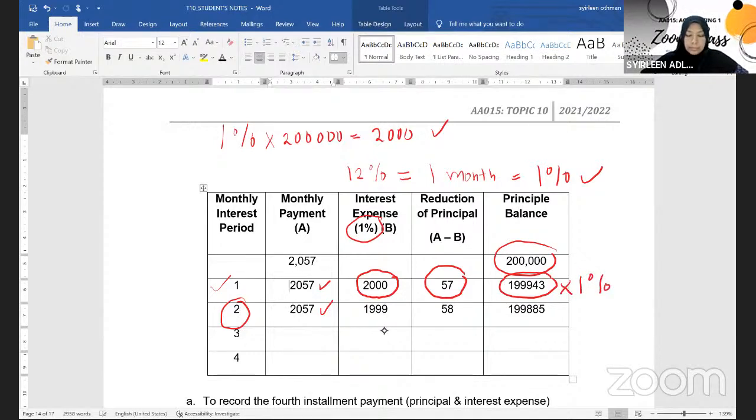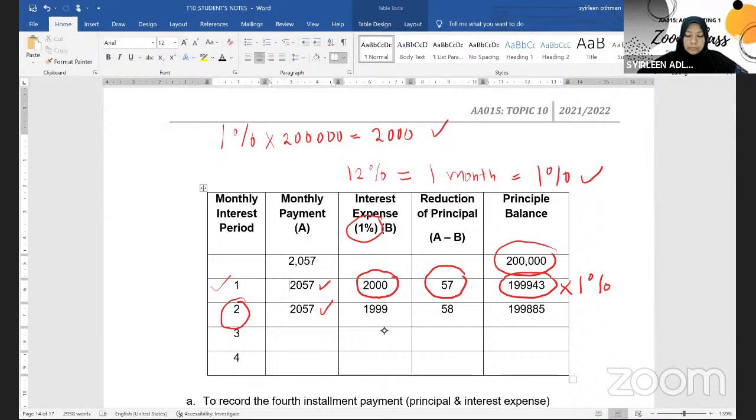Okay, so kalau you times 1% dekat situ, alright, and you'll get the amount of RM1,999.43. Okay, tapi we are going to take a round of figure. Okay, so kita akan catat sebagai RM1,999. Easier for you to calculate.